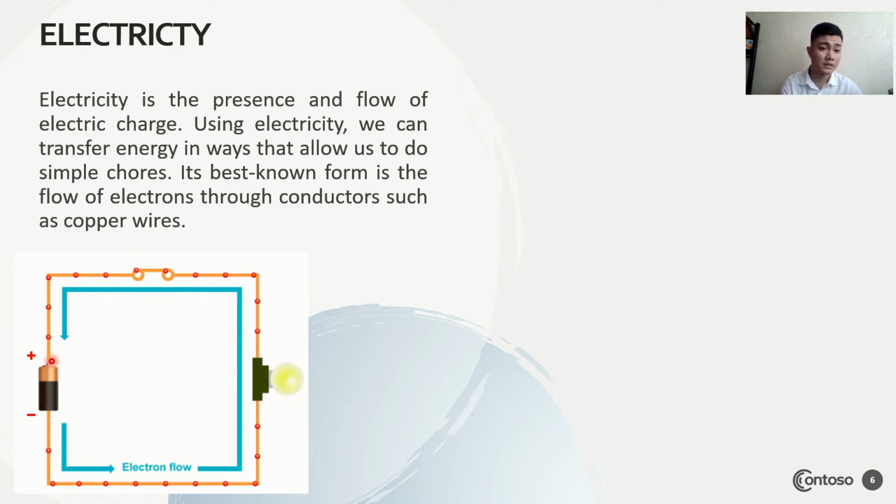Notice the direction of electrons. Electrons go from the negative terminal to the positive terminal. But in conventional flow, scientists at that time thought that electrons flow from the positive terminal to the negative terminal, but in reality electrons flow from negative to positive. For conventional flow, again, it is from positive to negative.